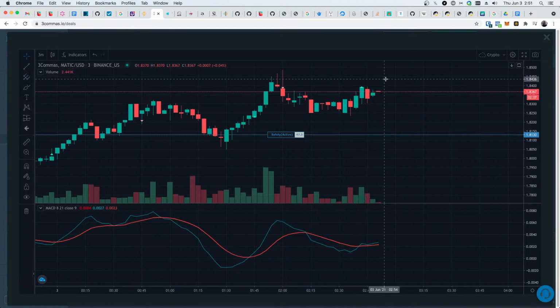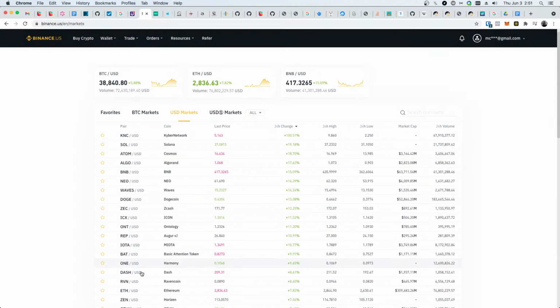We'll see. But this is something that you can, on maybe a daily basis, let it run and play out, and see how your MACD is looking, and then maybe pick a different coin and change over to a different USD paired coin that's bull running.